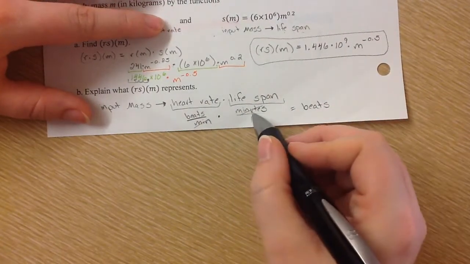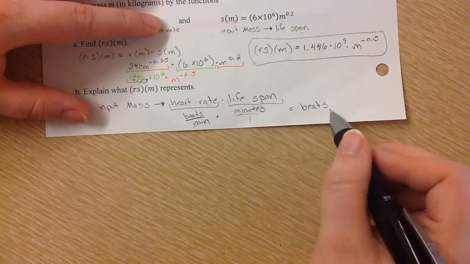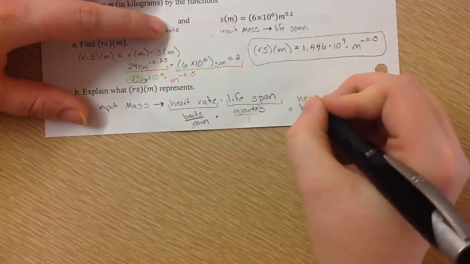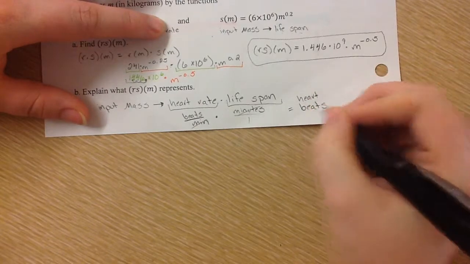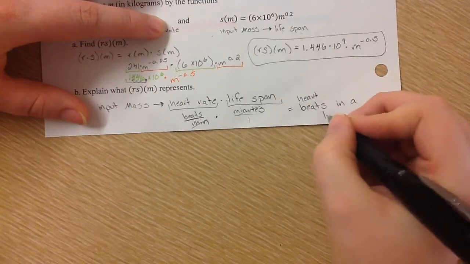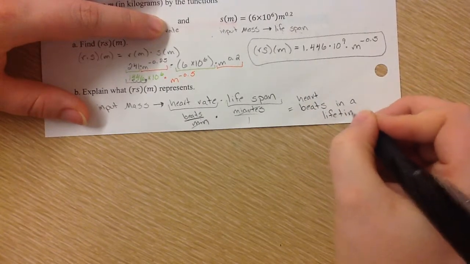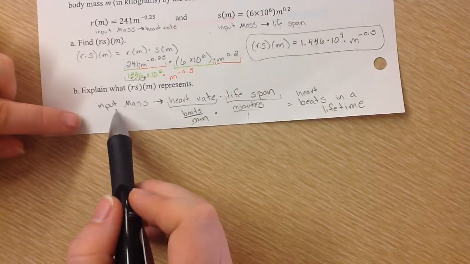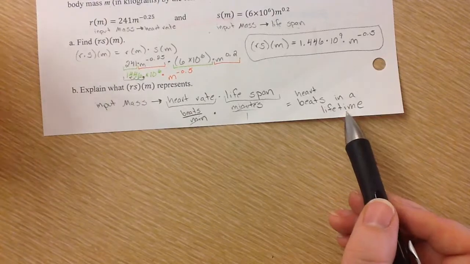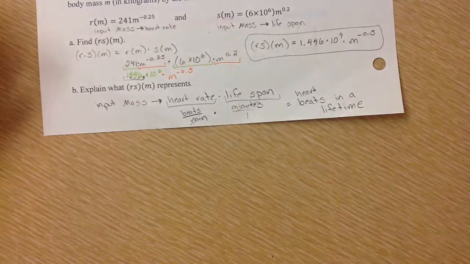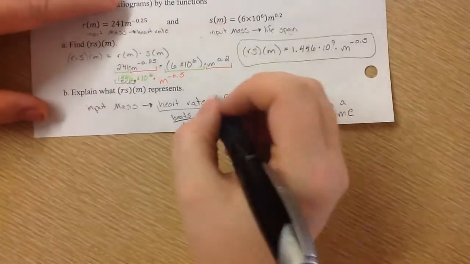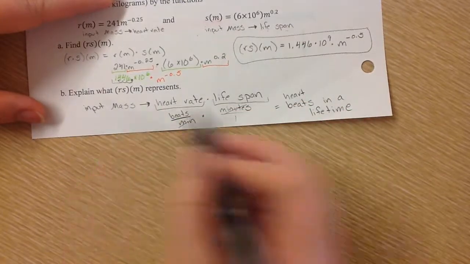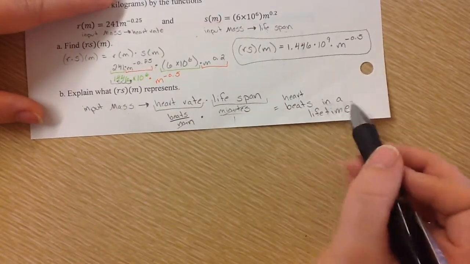So this tells me how many heartbeats in a lifetime if I know a rhino's mass. Meaning if I know how heavy it is, how many times is the heart going to beat in its lifetime? So if I input mass, it will tell me the heartbeats in a lifetime.